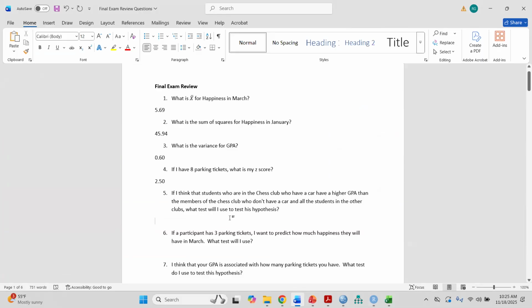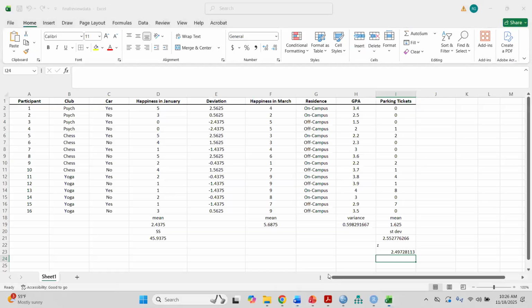I think that students who are in the chess club who also have a car have a higher GPA than members of the chess club who don't have a car, as well as all other students in all other clubs. Okay, what test will I use? Well, this is using chess club, which is a categorical variable. And if you have a car or not.